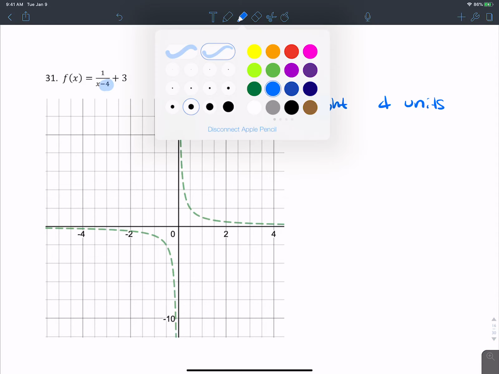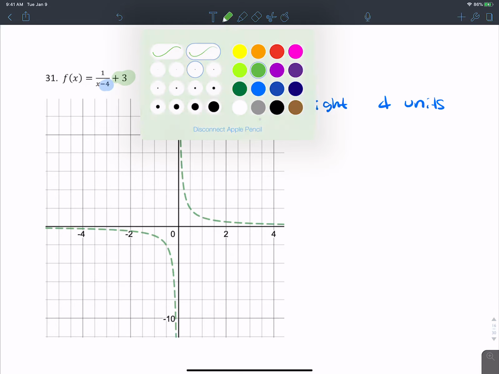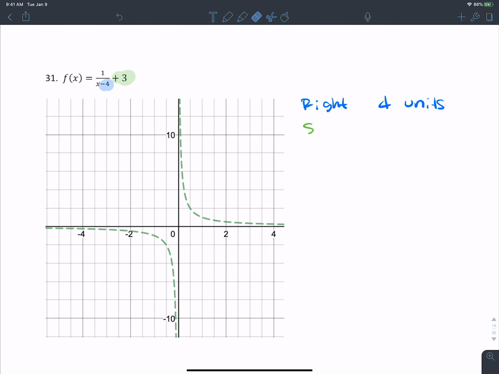But I also have +3. And that means I have to shift up 3 units. That's the value 3. So here's 3. That means +3. We go up 3. And that -4, remember it's backwards. You go to the right 4 units.